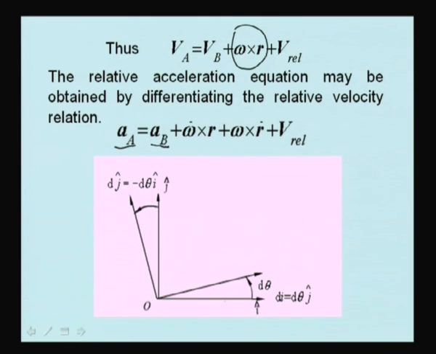Differentiate omega cross r, you get two terms because it is a cross product of two vectors: omega dot cross r plus omega cross r dot. Differentiate V rel with respect to time, you get V dot rel.